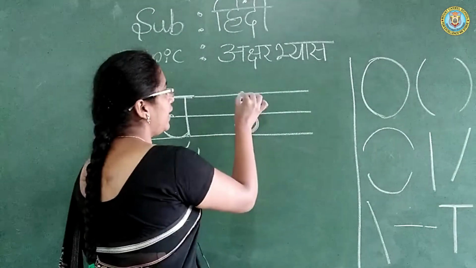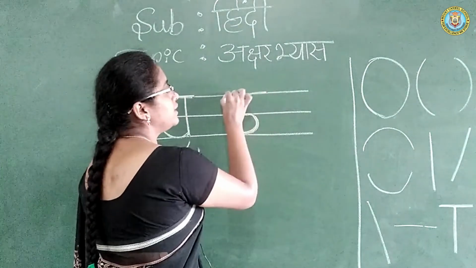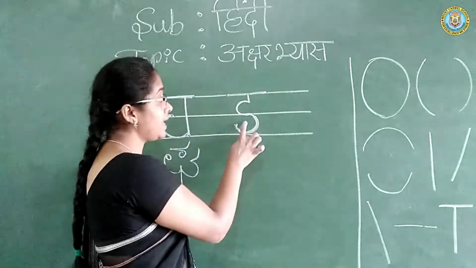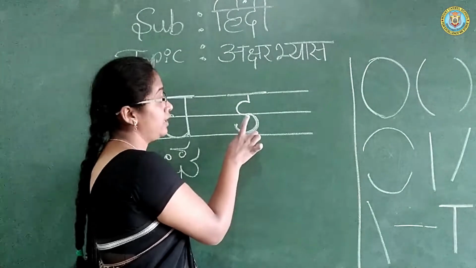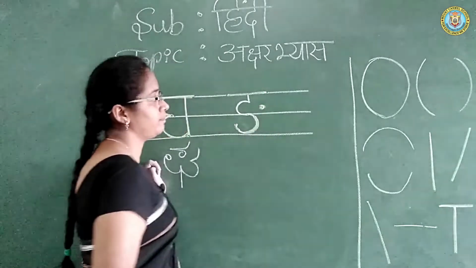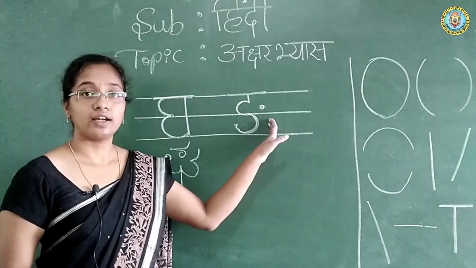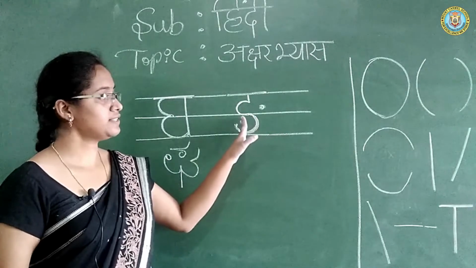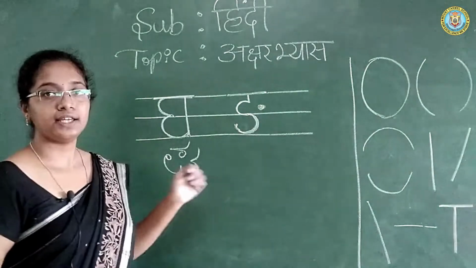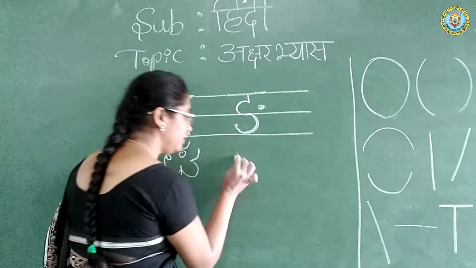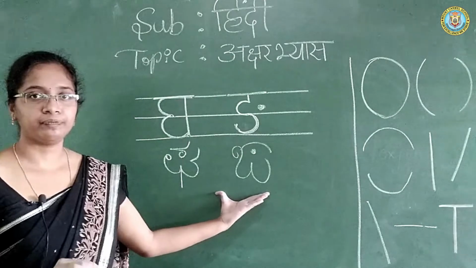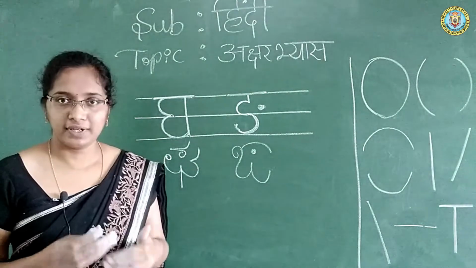And put one sleeping stroke at the top, and beside this Hindi letter, put one small dot. This becomes nya in Kannada. Nya. Okay? Now we will repeat this once again.